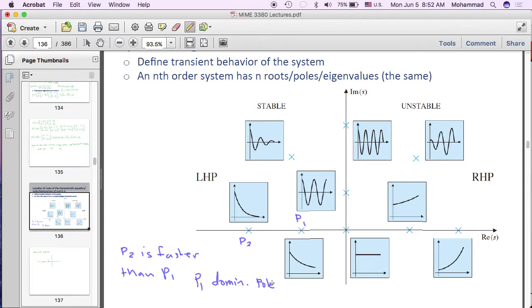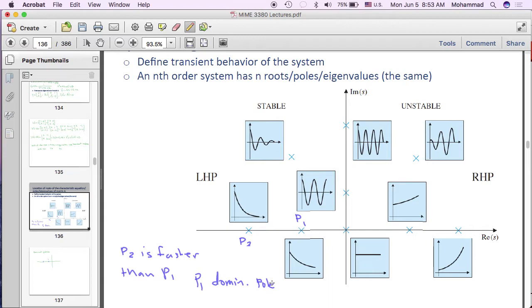If it's a second order system and we have a pair of complex conjugates, the same concept applies, but with an additional twist: a pair of complex conjugates will give you an oscillation. So there, what determines the dominant pole is the damping ratio. The poles that have smaller damping ratio don't die as quickly. Do you see that? So the poles that have smaller damping ratio are going to be the dominant poles.